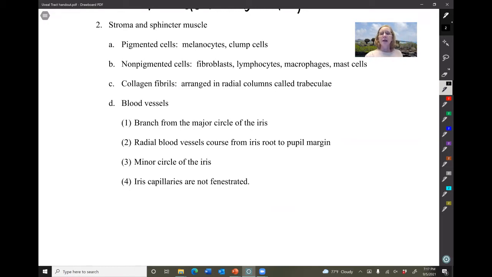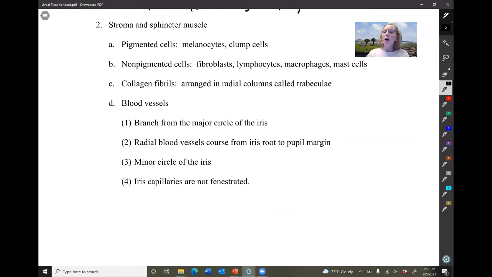There are some pretty important blood vessels to know about. Most of the blood vessels in the iris branch off of the major circle of the iris, which is actually in the ciliary body.